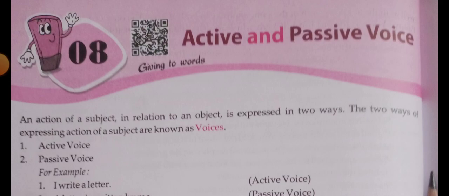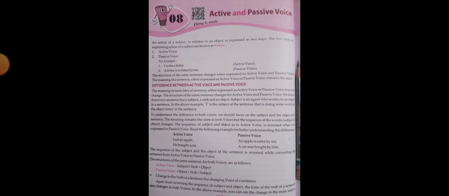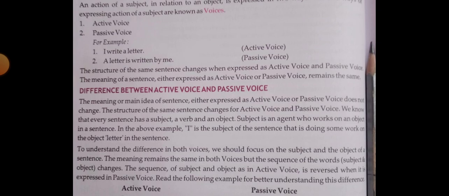Changes in the verb of the sentence for changing the voices of a sentence. Apart from reversing the sequence of subject and object, the form of the verb of the sentence also changes in both the voices.